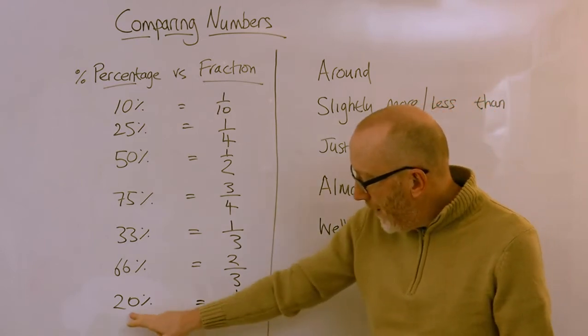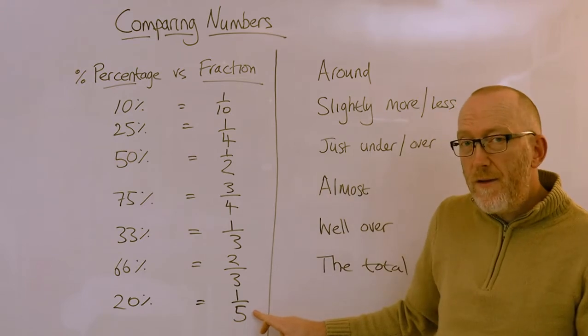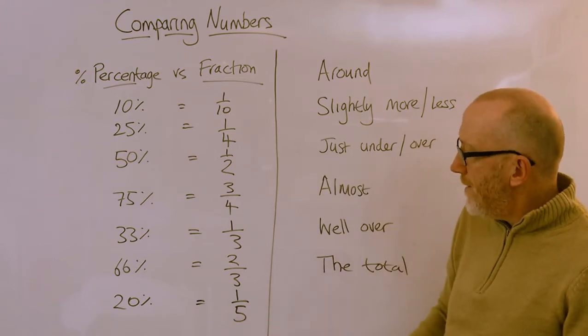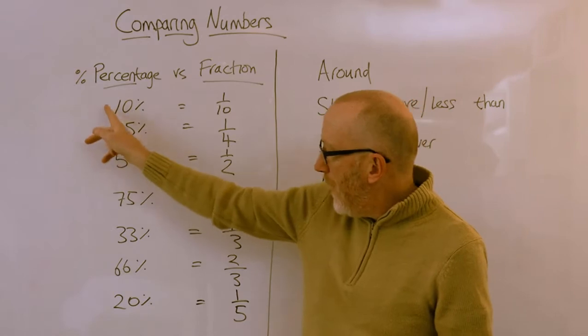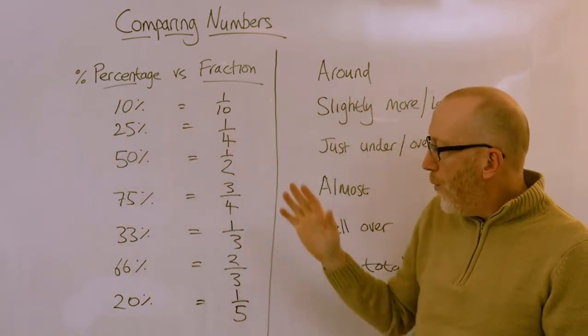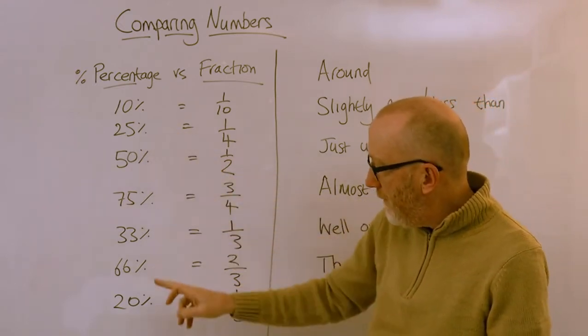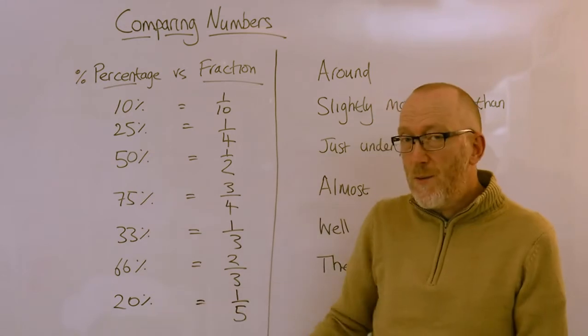Okay. And down here, last but not least, we have 20%, which is known as a fifth. Okay. So obviously, every number between 1 and 100 will have a corresponding fraction. But we generally only use the major ones like 25, 50, 75, 33, 66 and 20.